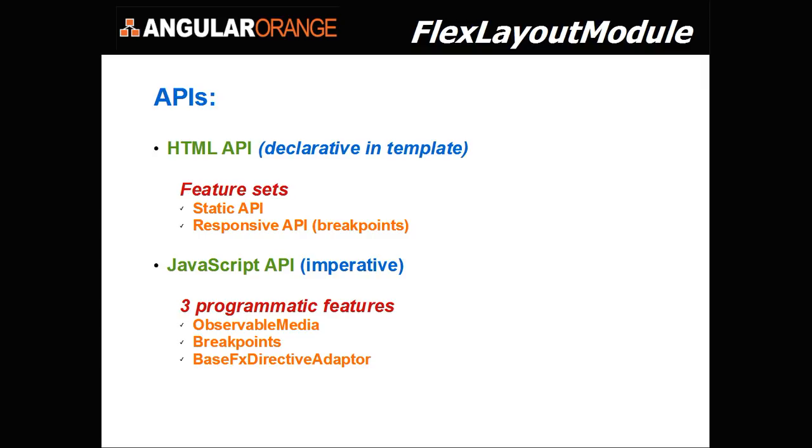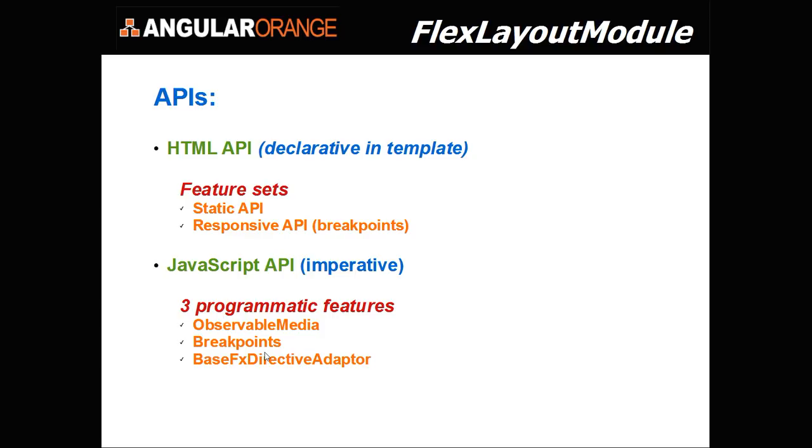You could tell it's a mobile device, you could tell if it's an iPad, or if it's a desktop, and based on that, you could change your content. And the breakpoints are very interesting as well.